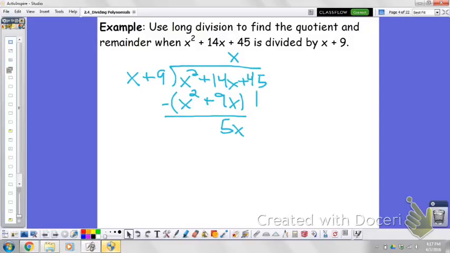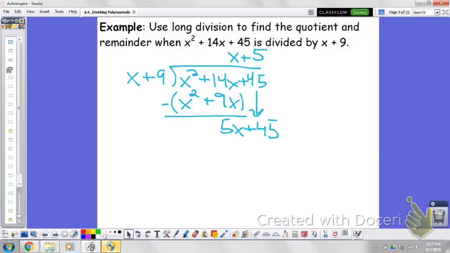Now we bring the 45 down, so we have a plus 45. And now we look at what 5x divided by x is. Well, 5x divided by x is 5, so we write plus 5 above the 45.